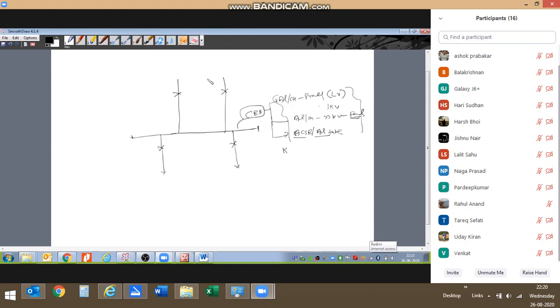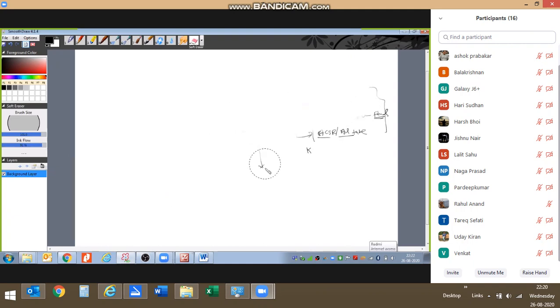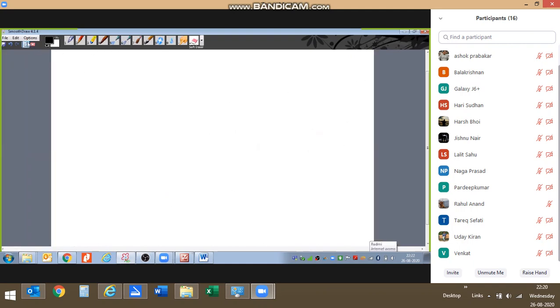So we start with these bus bar schemes, and along with the bus bar scheme, we will take up the voltage and the single line diagram development. So what are the types of bus bar scheme that we have before developing the single line diagram? And how do we develop a single line diagram?